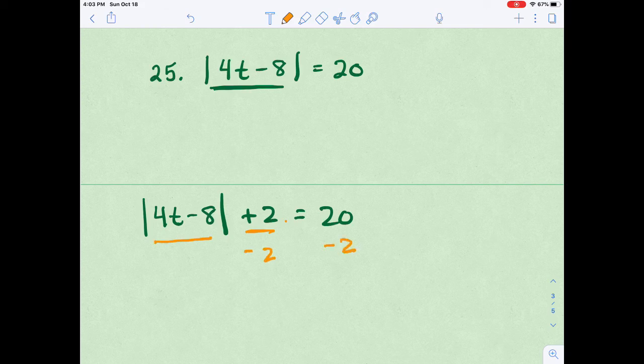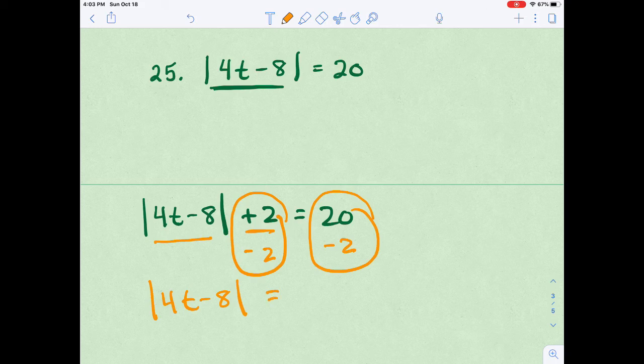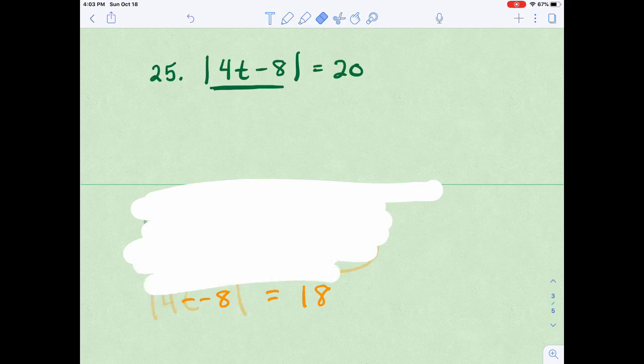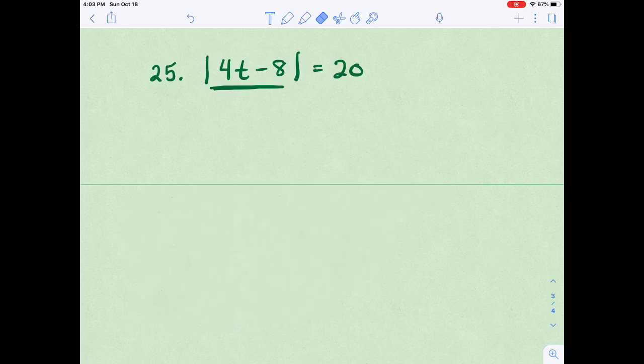So we just take care of this first, and then you'll end up with this. Like that. And then you can do the rest of this. So if there's anything outside of the absolute value signs, I want you to make sure and isolate the absolute value signs. So, get rid of whatever it is that's plus or minus on the outside of the absolute value signs first.